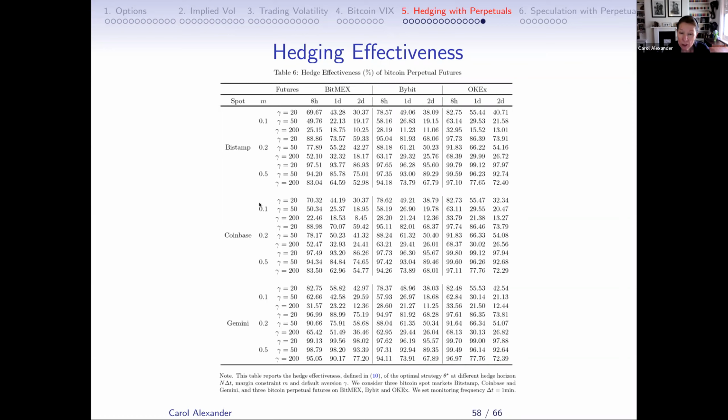The smaller your buffer, the smaller the hedging effectiveness. Overall, it looks like OKEx is perhaps the most effective exchange to use, whatever the underlying, and rebalancing every 8 hours is always going to be more effective, though you have to settle, which is a bit of a drag. If you don't settle, holding it for 2 days, you're still going to have a problem, because it's more likely to be a margin call.